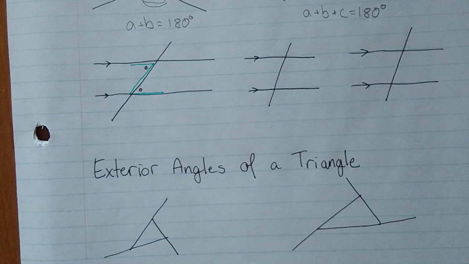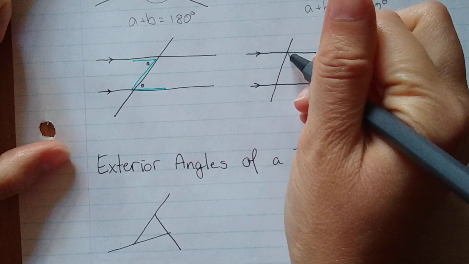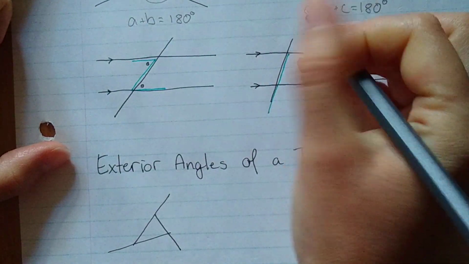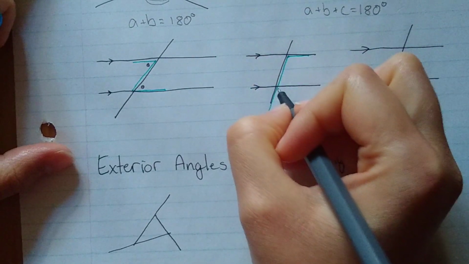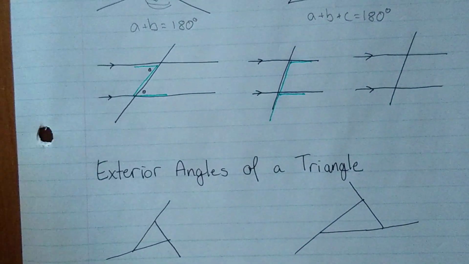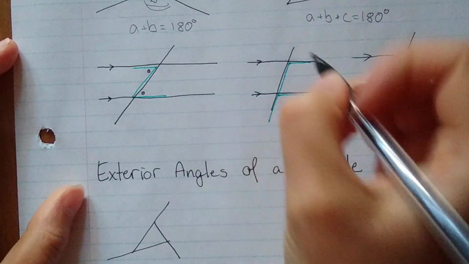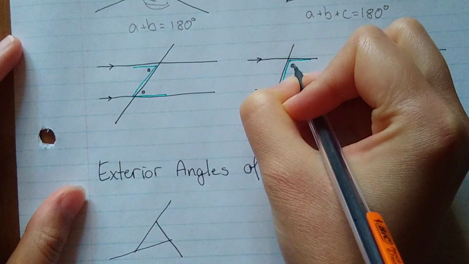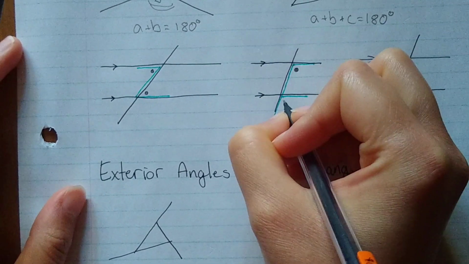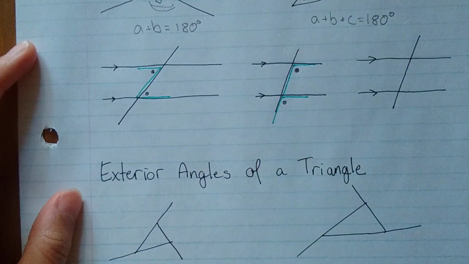If you draw an F sort of a shape like this, like a capital F, this is called an F pattern, then these corresponding angles here, so this one under here and this one under here, are equal.